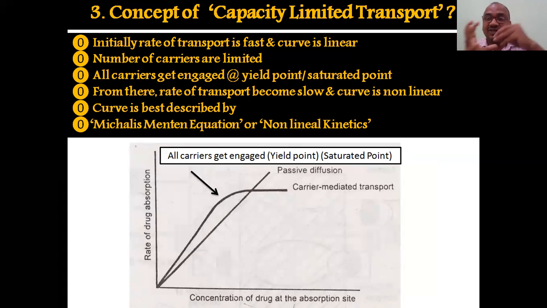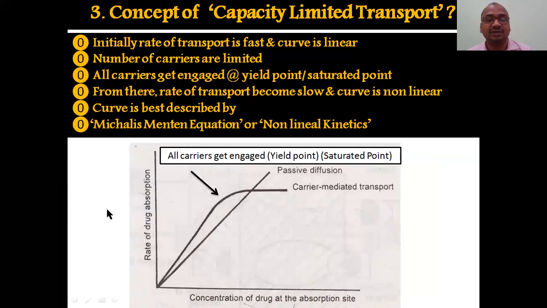The remaining drug particles in the queue have to just pass on into waste. If, say, the number of carriers is 5, then at a time only 5 drug molecules will be transferred. The remaining have to wait or be passed. That's why this is called capacity limited.